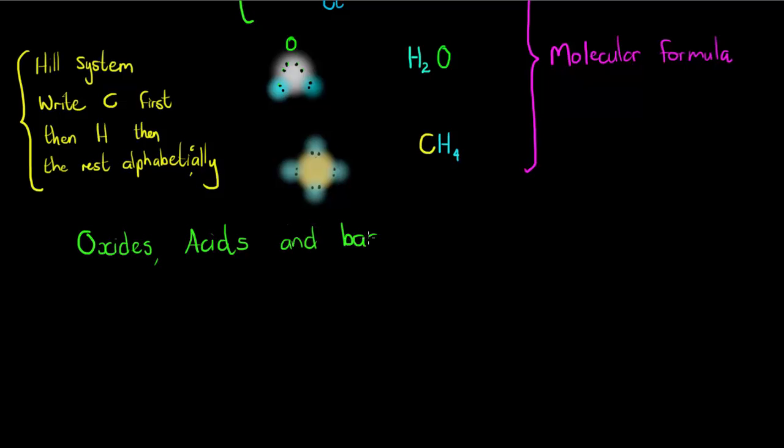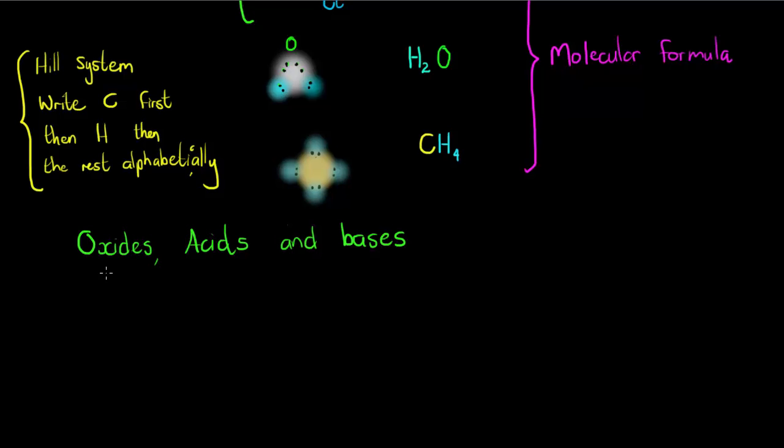Now at this stage, this is a completely foreign language to you. You have no idea what I mean when I say oxides, acids, and bases. But in general, an oxide is a metal bonded to oxygen.